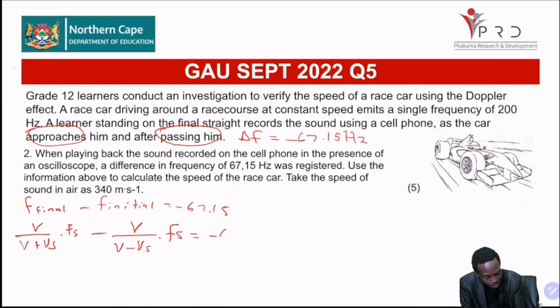This must give me negative 67,50. This is going to give us the frequency when the sound source was moving away. This is the frequency when the sound source was moving towards, right? Let's substitute this.